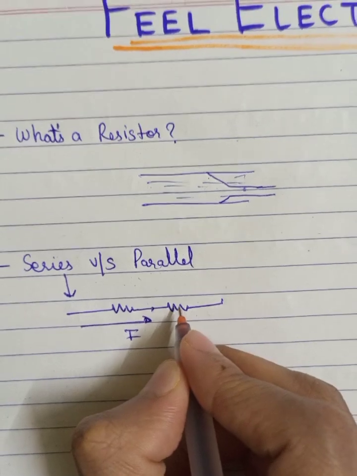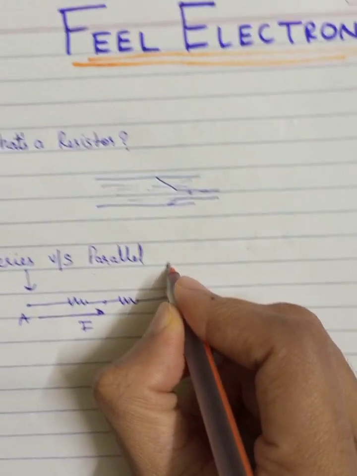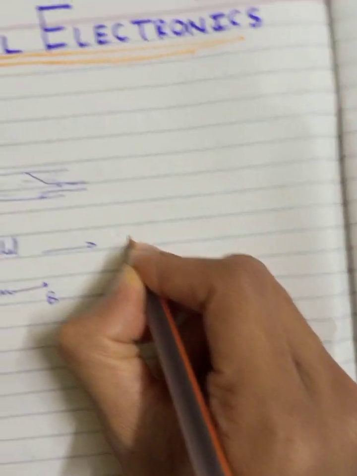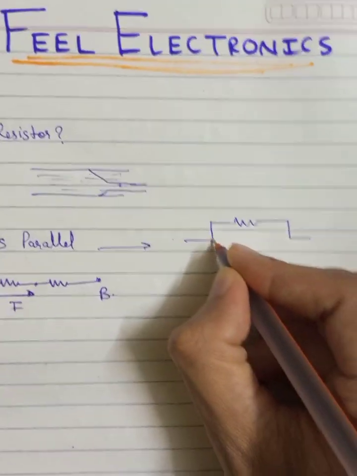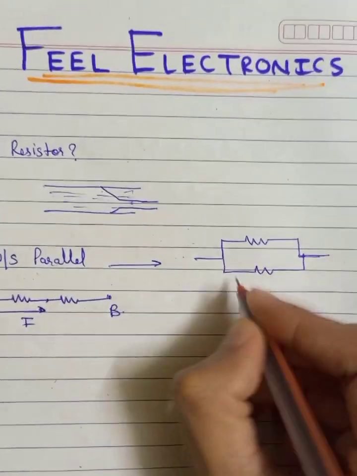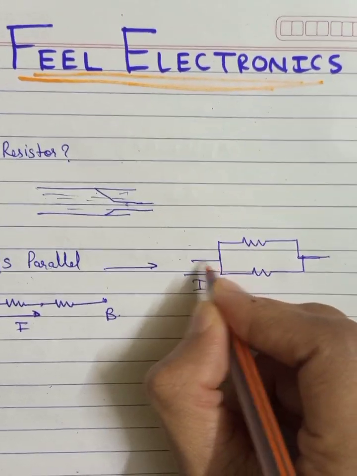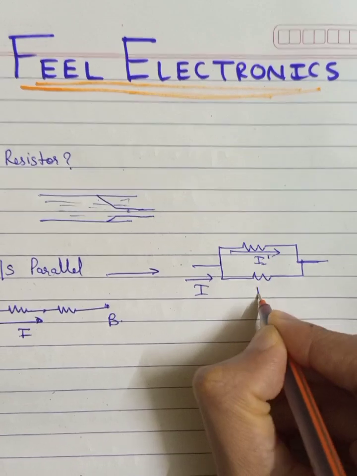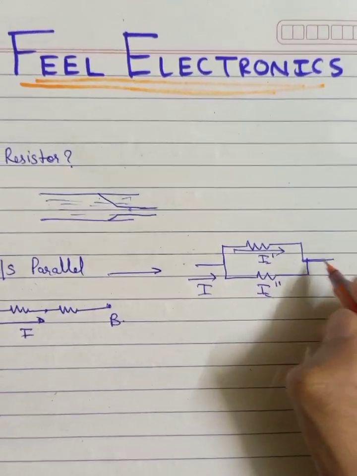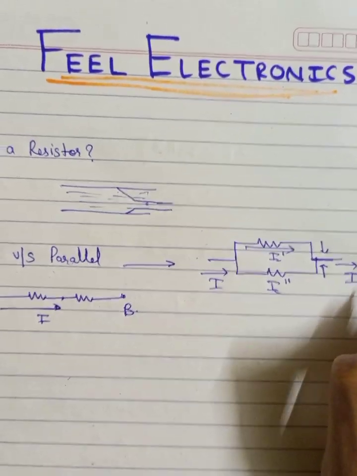It doesn't pass simultaneously in series from point A to point B. But in parallel, the resistors are connected in parallel. As you can see, the current which was flowing one at a time gets divided into I1 and I2, and after a certain connection it combines into one again.